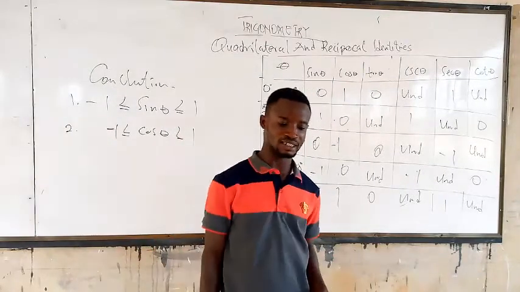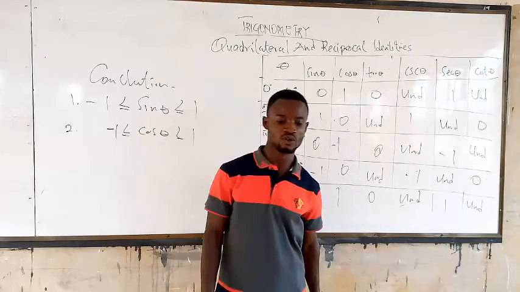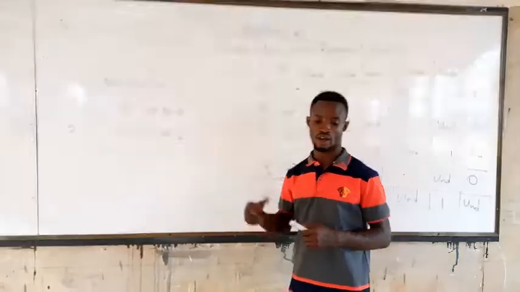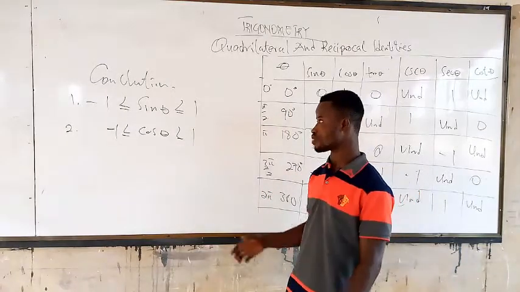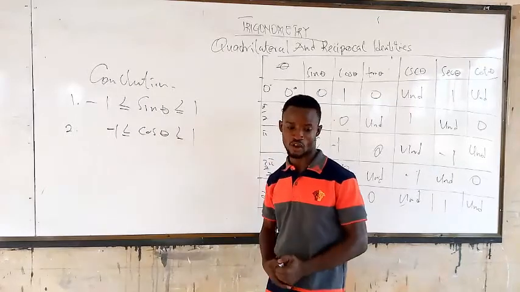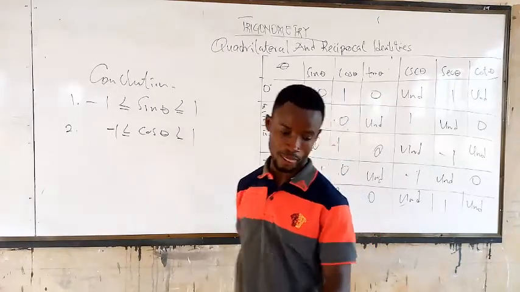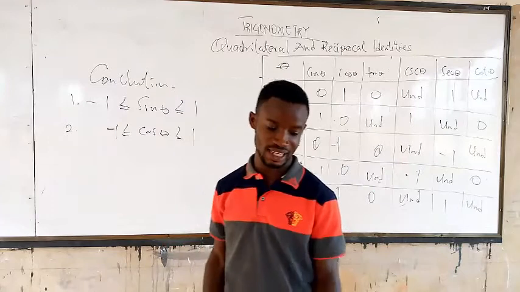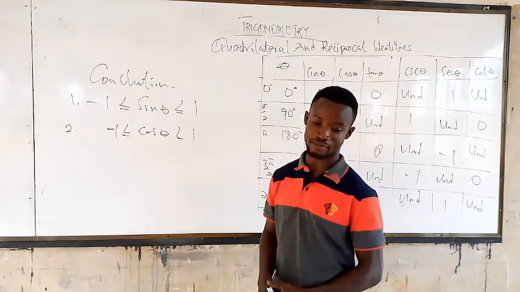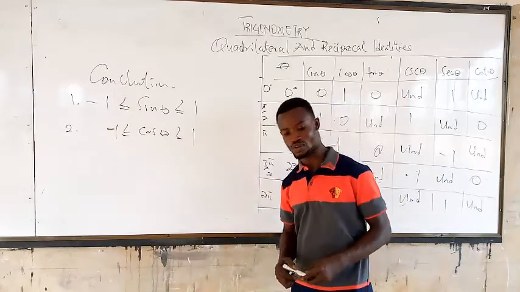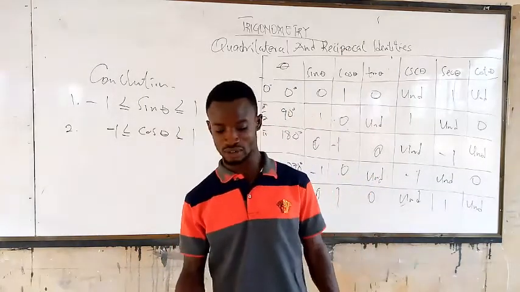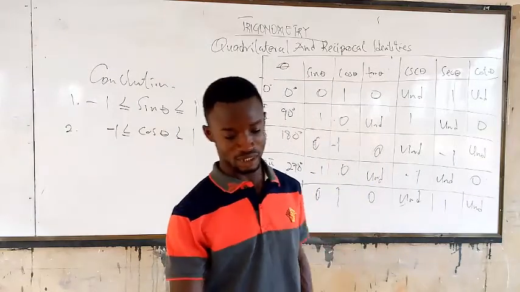What the first one is saying is that the domain of sine and cosine is all real numbers, and also the domain of tangent and secant is all real numbers except pi over 2 plus pi n, where n is an integer. We have already established that.